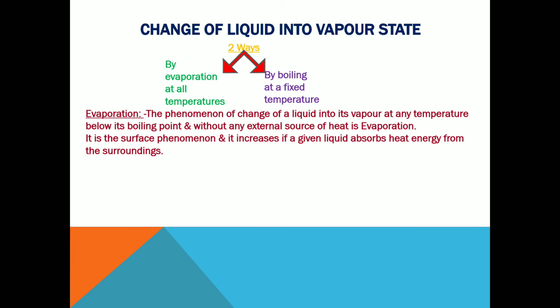So the temperature of the liquid which changes into vapor during evaporation does not reach the boiling point. Below that, the liquid changes into vapor without any external source of heat. It does not require an external source of heat; it takes the heat from the surroundings. It is a surface phenomenon.